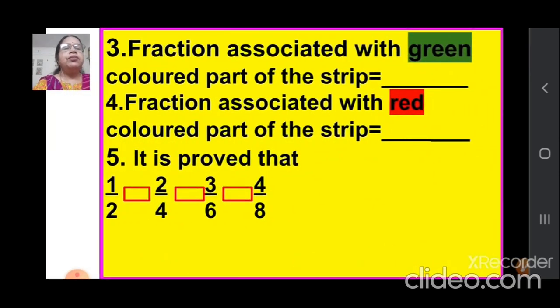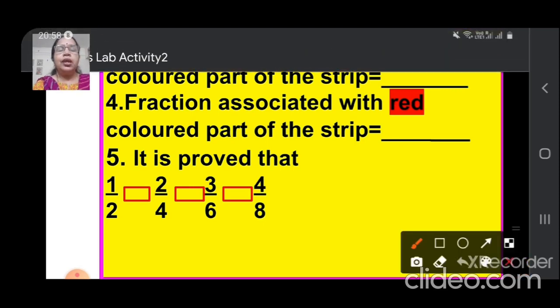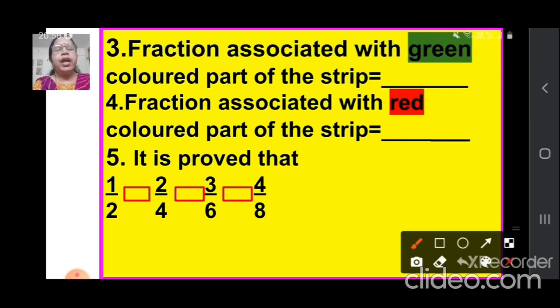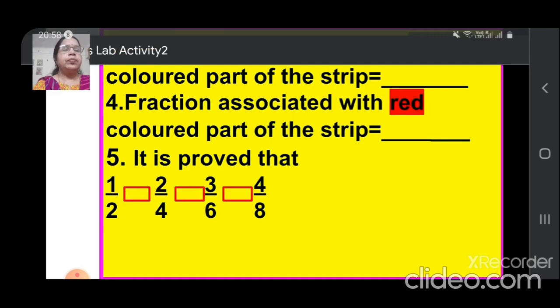Fraction associated with green colored part 3/6, and the fraction associated with red color part of the strip is 4/8. So it's proved that these fractions are equivalent fractions. So we have to put is equal to sign between these fractions. Here also is equal to sign, and here also is equal to sign.